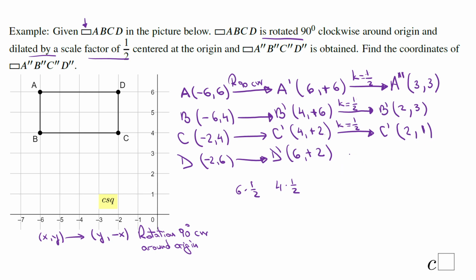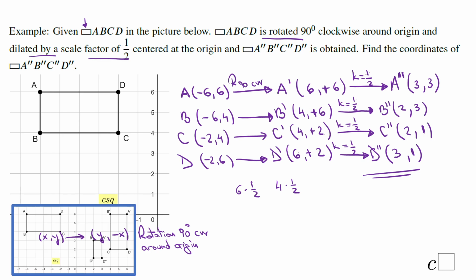And we have one more point, point D prime, and by the way, this is B double prime, C double prime, and this one will be D double prime. So again we have 6 times the same scale factor of 2, that's 12, and 2 times 2, it's 4. That's it. This is the final result, and you can see a graphical approach here.